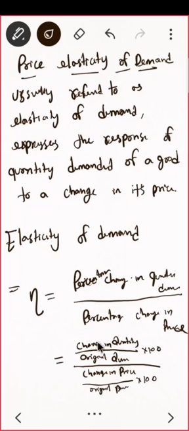So if you denote change in quantity by delta q, change we definitely used to write as delta q. So in the next page I can write it as delta q upon delta p upon p, correct?